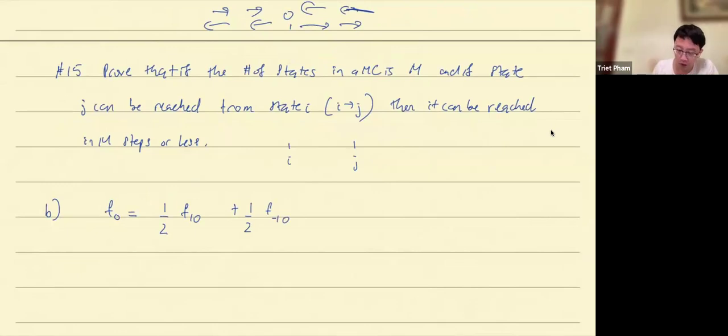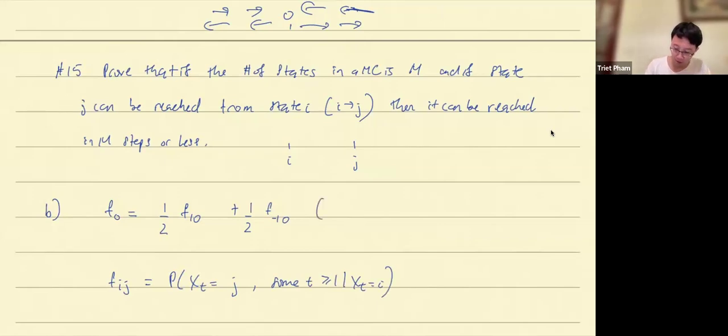So here we introduce a new terminology, but it should not be that hard. Fij is the probability that you ever return to state J starting at state I. Are we clear on this?